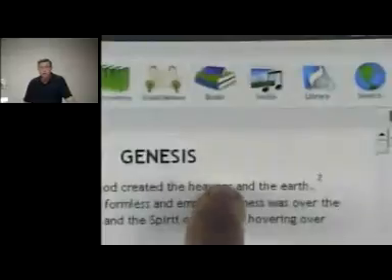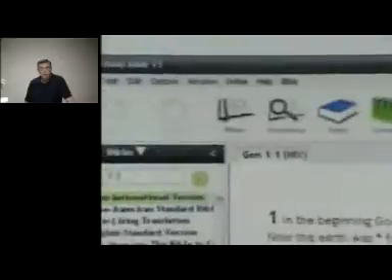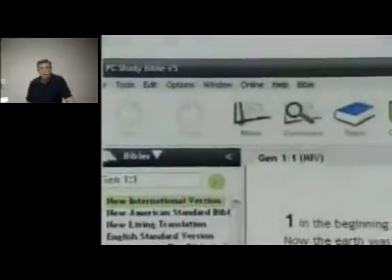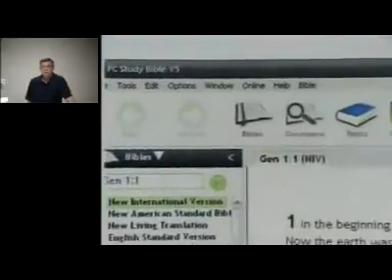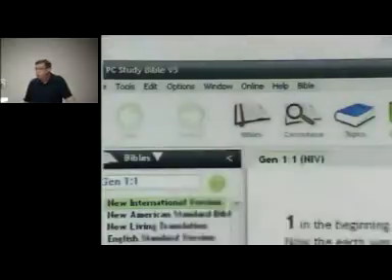Now, if you think you're very, very serious and you want to get real high-tech and go with all the bells and whistles, the best Bible study program out there is called Logos, L-O-G-O-S, Bible Software. Logos Bible Software. A lot of preachers and scholars that are really into it in a deep way get Logos. It'll interface with everything out there.